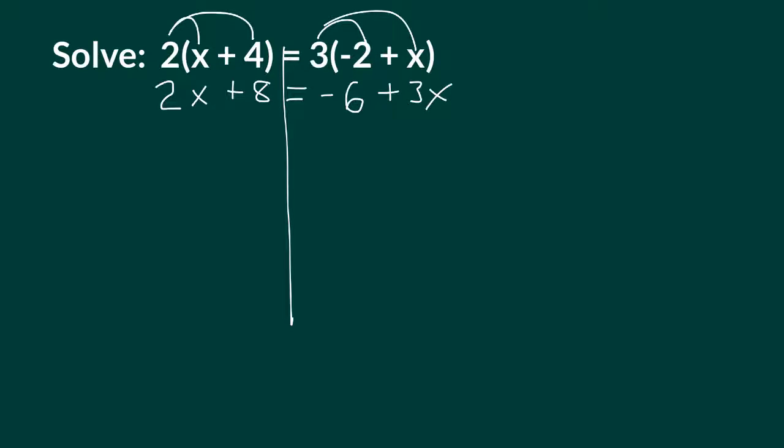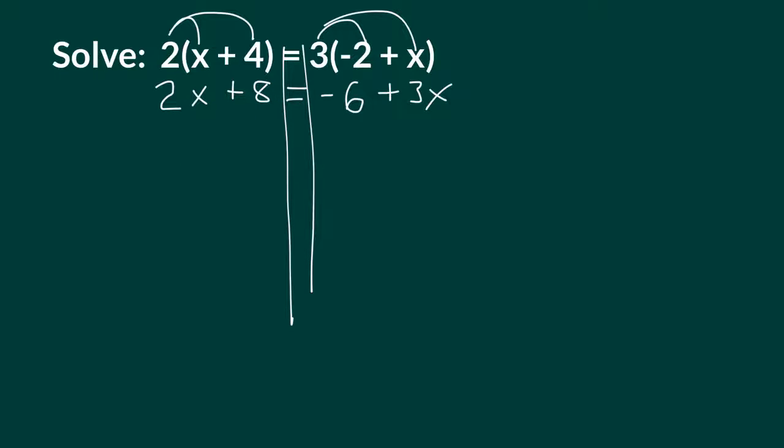All right, now, next step, we checked there's no fractions. We did the parentheses. The next step is to combine like terms. 2x and 8 are not like terms. Negative 6 and 3x are not like terms, so we can't combine any here.